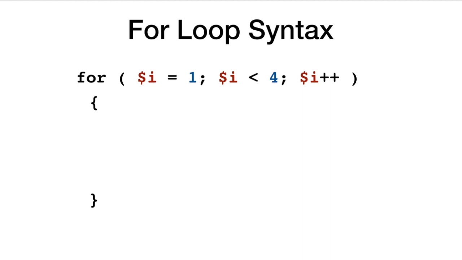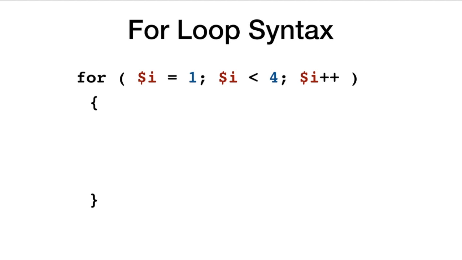When that's no longer true, the loop won't go around anymore. So for this loop to keep going, $i would need to be less than 4. The third part of the for statement is the part where we increment the loop counter. In this case, we're doing $i++, so we're incrementing the loop counter by 1.